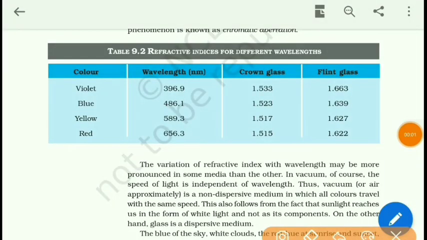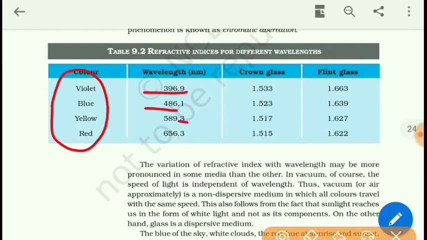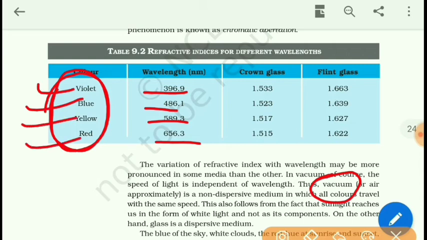So students, we know that in white light there are waves having different colors. Different color means their wavelengths are different, and when a beam of light travels from vacuum to a medium, in a vacuum the speed of all the waves having different wavelengths is the same. But when the medium changes, the speed of different waves having different wavelengths are different.